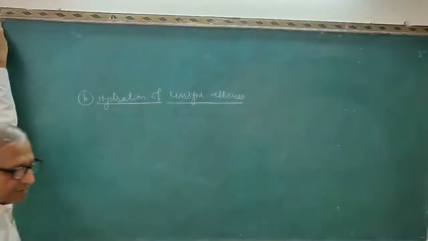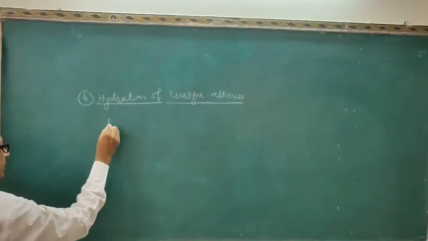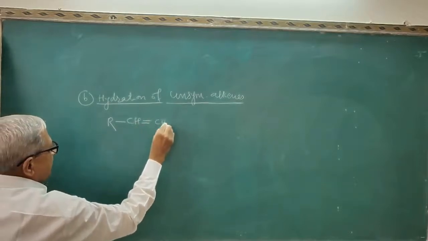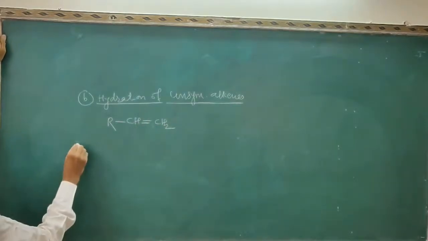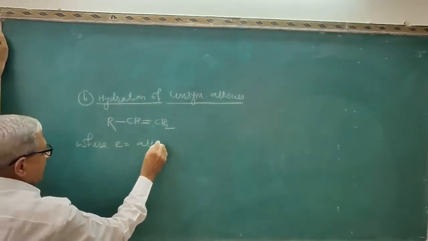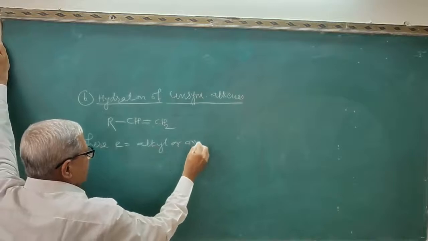Unsymmetrical alkenes are generally represented by RCH double bond CH2, where R may be an alkyl or aryl group.